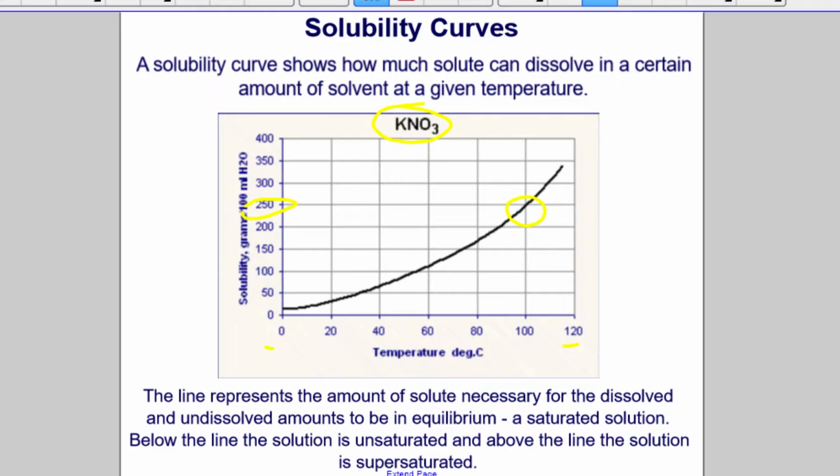Anything below that would be, so if I only put 150 grams in at 100 degrees Celsius, that would be an unsaturated solution. And if I tried to put more, say up here I tried to put 300 grams in 100 mL of water at 100 degrees Celsius, that would be a supersaturated solution.